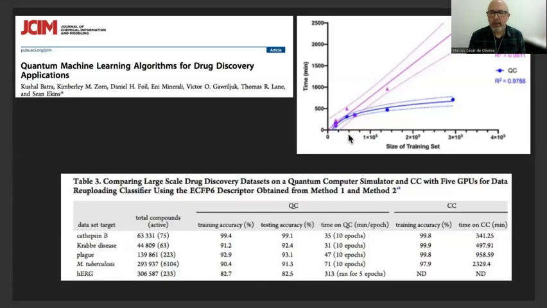How is the learning curve of quantum machine learning compared to the classical machine learning? As the size of the data set increases, we have a shorter time for the learning if you use a quantum computer.